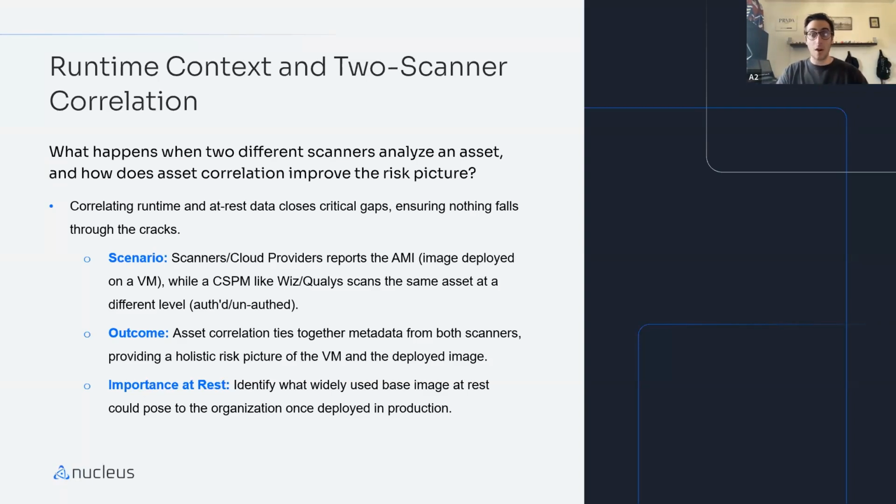Because what if you bring on a new data source, or remove one, or something changes, and then you have to go back and fix it? So we normalize everything to one schema. When you're looking for software, AWS tags, or exploitability, you just reference the name exploitability. You don't have to reference Qualys exploitability. It's all normalized, so you don't have to deal with all the different data source names.